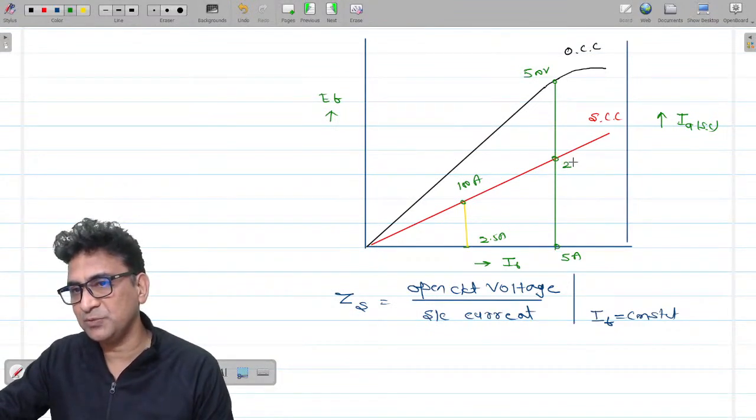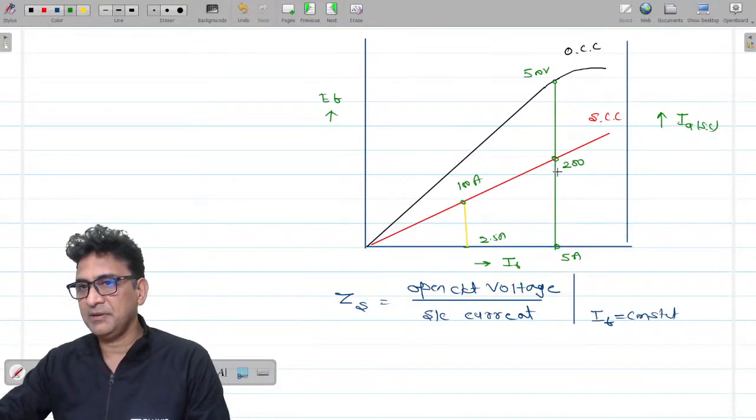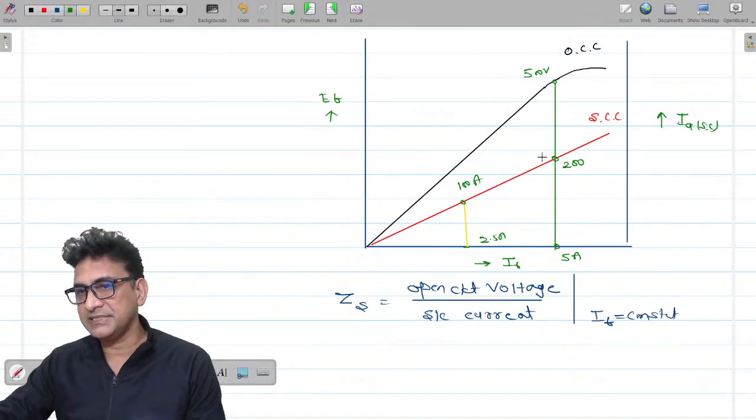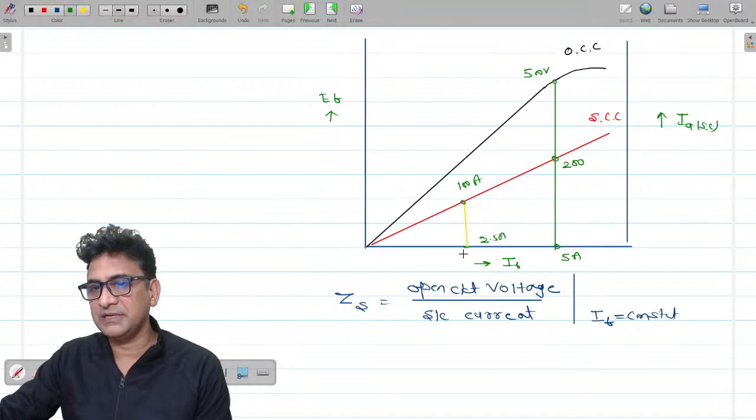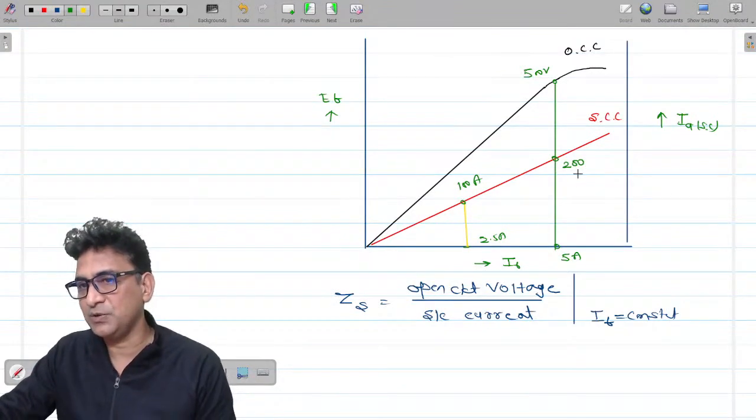It would become 200 ampere, because the relationship between IA and IF is linear in nature. So at 2.5 ampere field current the armature current is 100 ampere, and at 5 ampere it would become 200 ampere.